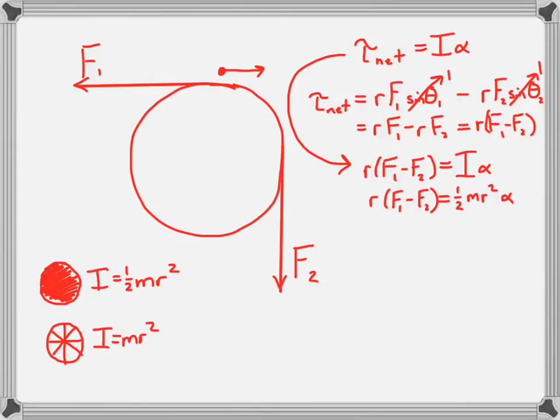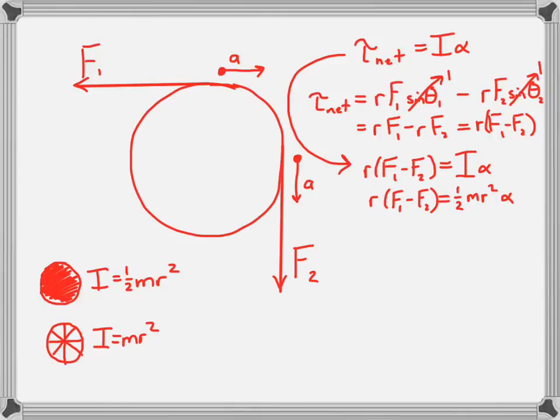Now, let's think about which direction this pulley is going to go. Remember, we have mass M1 over here, and it's going to want to accelerate toward the right. So this point will be also accelerating toward the right, at the same rate which our block is. Likewise, right here, this point is going to be accelerating downward at the same rate.